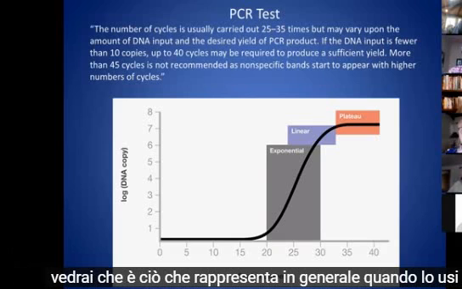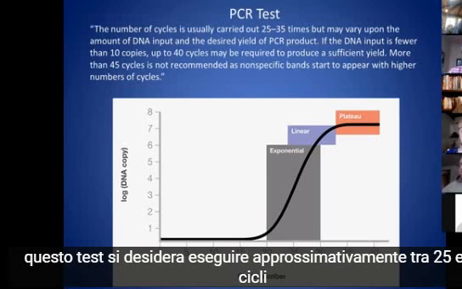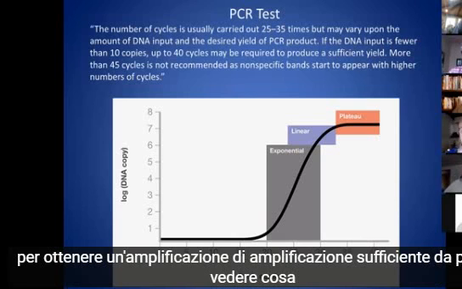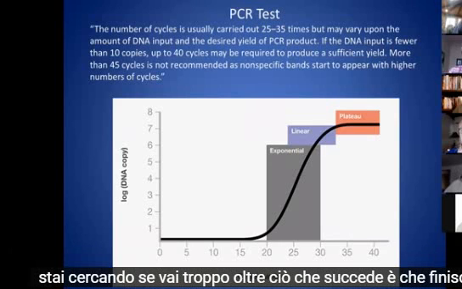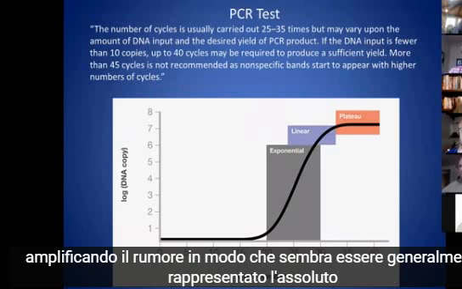And this is an exponential or a binomial expansion. And if you look at the black curve on the graph here, you'll see that's what that represents. So generally speaking, when you're using this test, you want to carry out approximately between 25 and 35 cycles in order to get enough amplification that you can see what you're looking for.